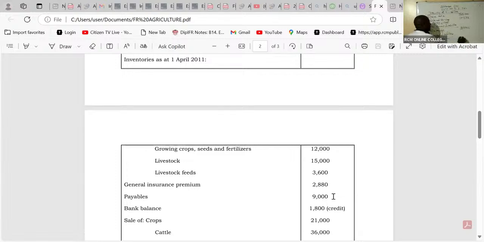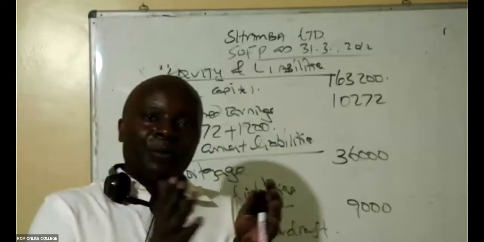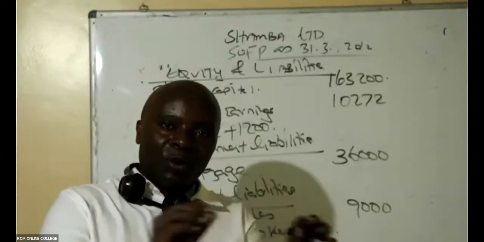And then there is something that very few students will be able to see, that we have a bank overdraft. Why am I saying it's a bank overdraft? Look at this. Bank balance, and it's on credit. Remember, ladies and gentlemen, whenever a bank balance is positive, it should be an asset, and assets are supposed to be on debit.